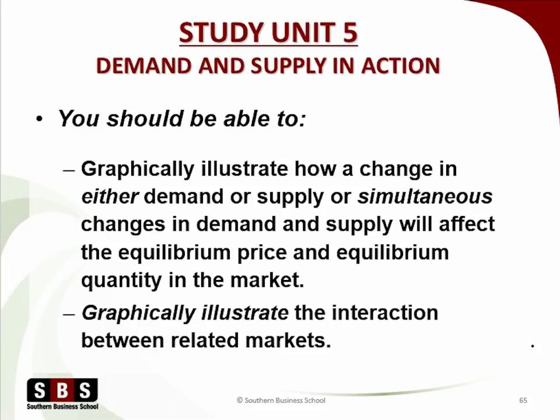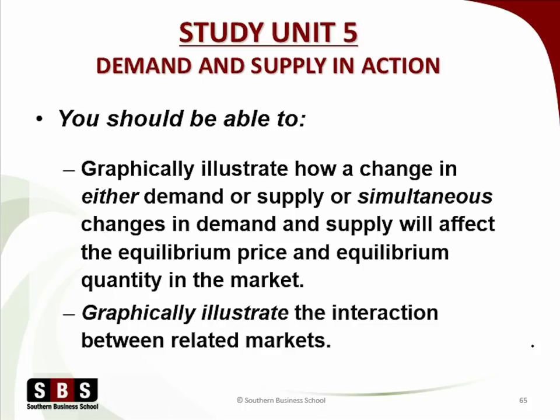If there's, say for instance, a warning with mussels in Cape Town that they're contaminated, what's going to happen? People are going to demand less of that. And obviously your supply will also come down because people will demand less. The price is going to come down.